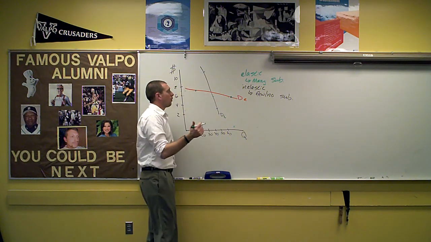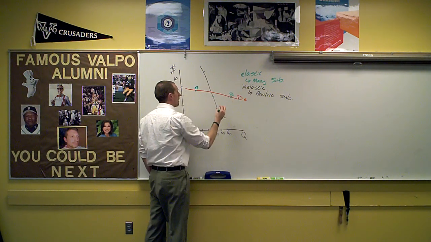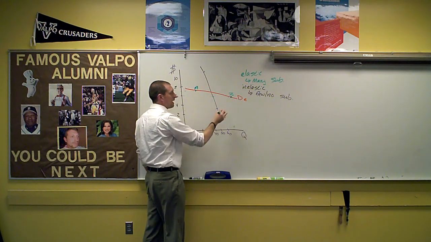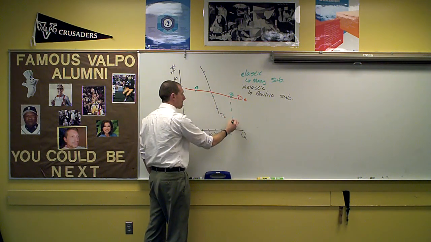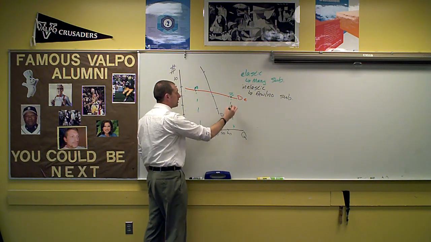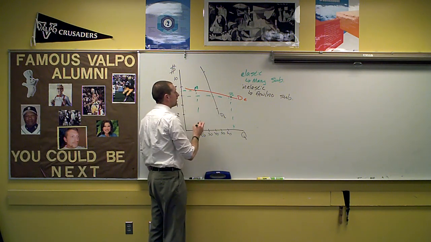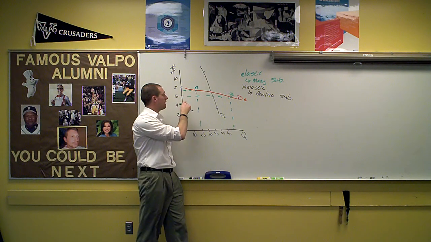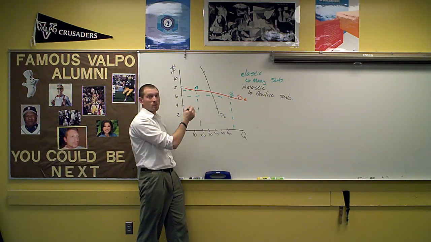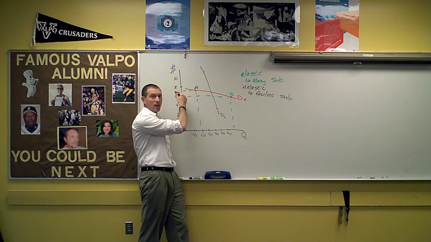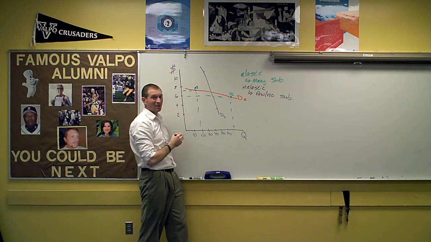And so what you notice is that if we go from B to A, let's start off going from B to A, so an increase in price from point B to point A, which is a relatively small increase. You see here we're going from about $6, increasing $1 to $7. At point B we're at $6, at point A we're at about $7.